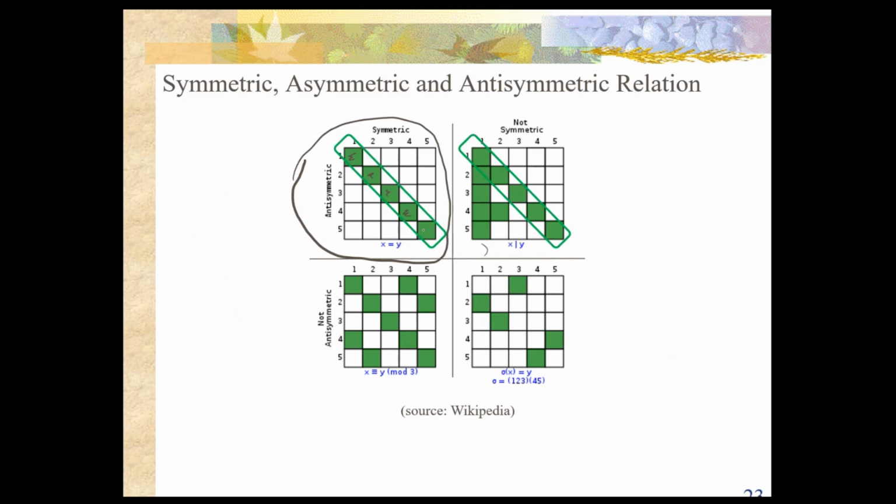If it has any one valid diagonal cell in the reflexive line, then it is considered anti-symmetric, even though there is none in both sides of the segments.